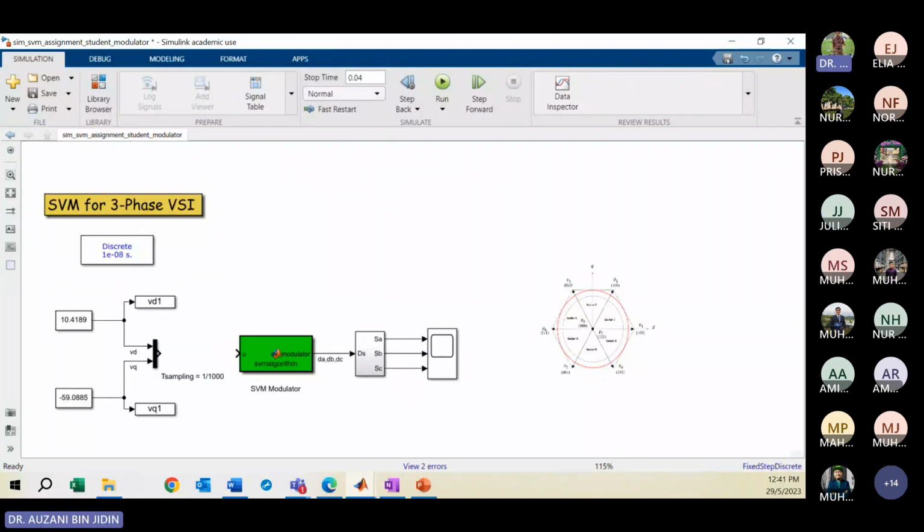Then you take it from the file given. This block name is zero order hold, I think.